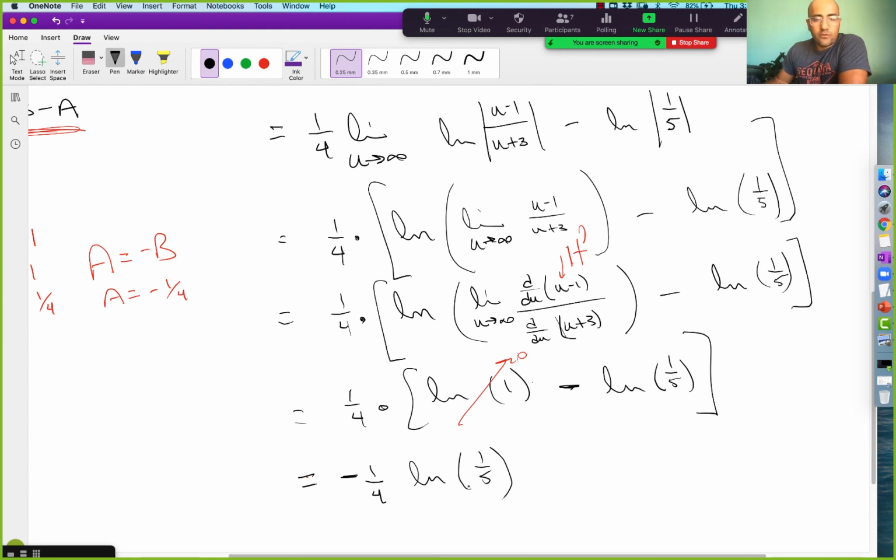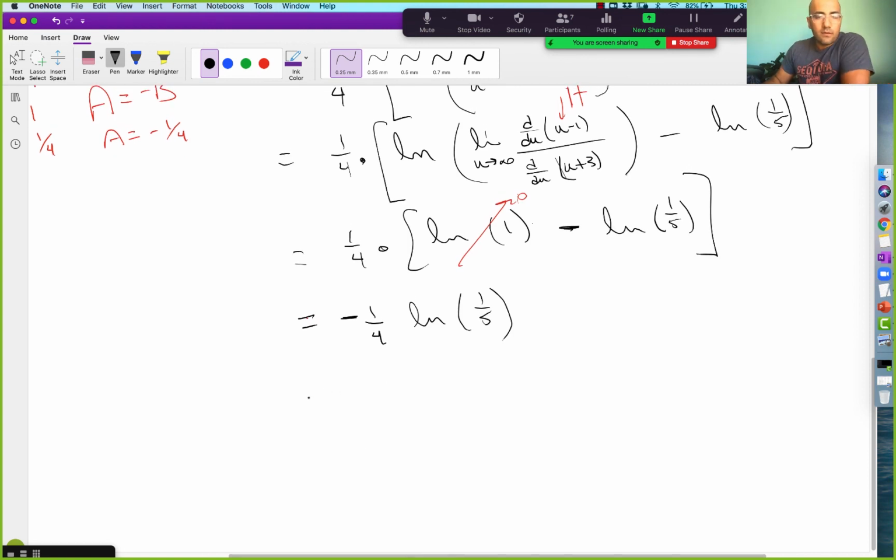And then one more little trick, we can rewrite this as negative 1/4 ln of 5 to the negative 1 power. Now remember that one of the properties of logs is that you can move the exponent out in front like a linear factor. So this little minus 1 here, we can move out in front and end up with an extra little minus 1 ln of positive 5.